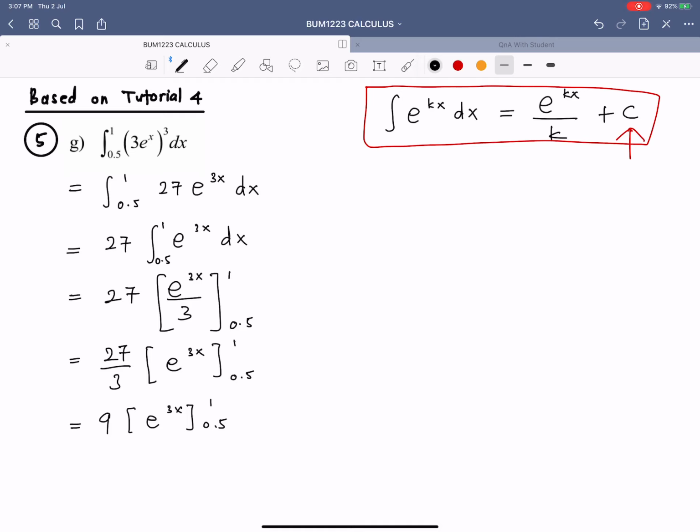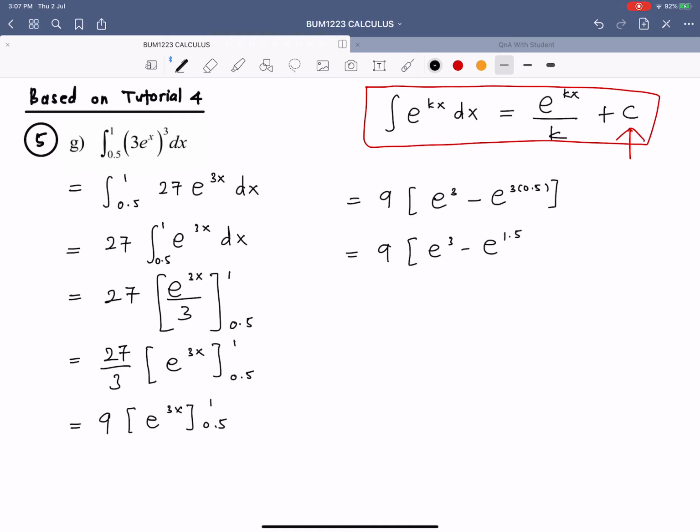First of all, we will substitute x equals to 1. Then you'll get 9 e power of 3 minus e power of 3 times 0.5, which is equal to 9 times e power of 3 minus e power of 1.5.